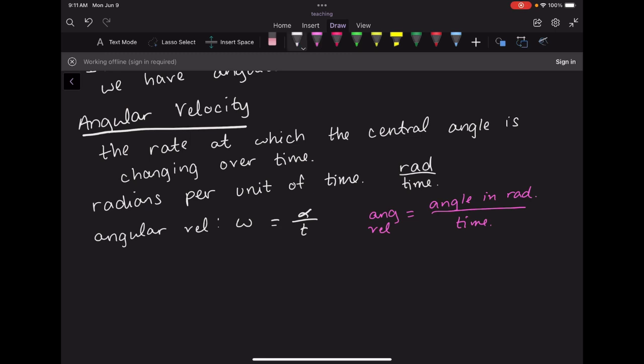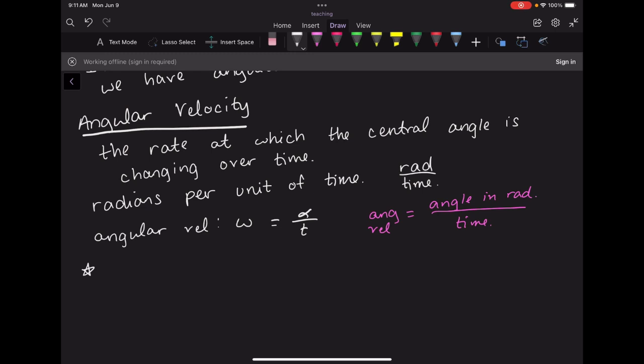Another big conversion that we'll need to use, I'll put a little star by this, it's pretty important for this section. If you think about one revolution around a circle, we want to think about how many radians that is. I recommend you just think about it for a second before I say it.